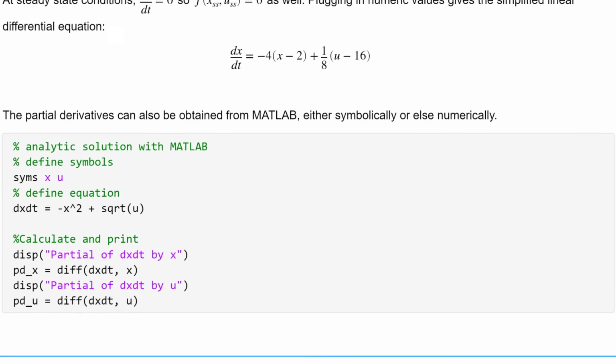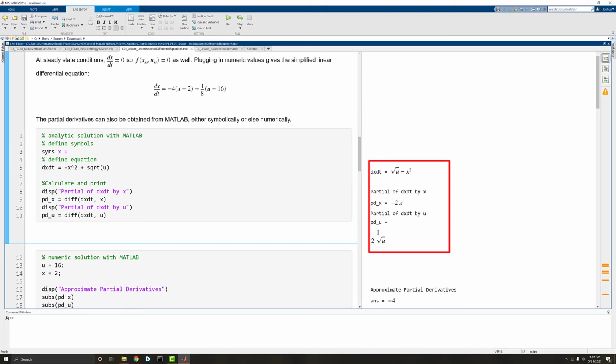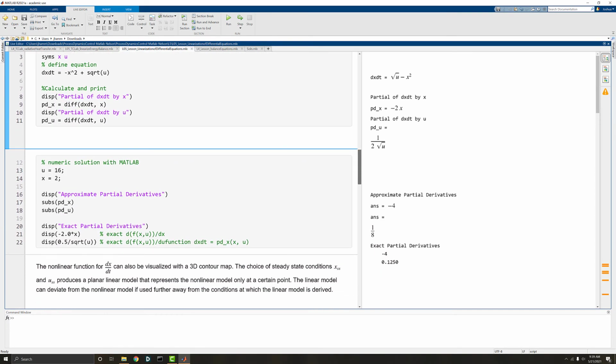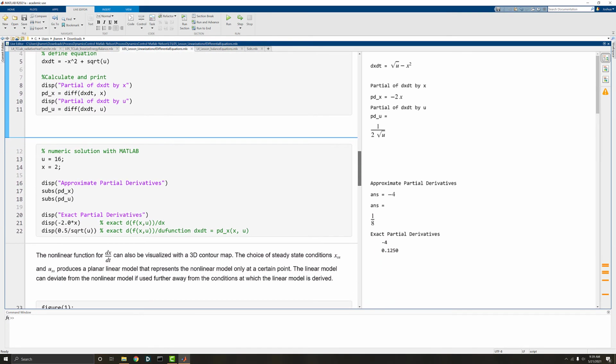And as we print that, the partial derivative of dx dt by x is equal to negative 2x, and the partial derivative by u is equal to 1/2 with a radical u on the bottom. Then if we plug in our steady state values of u equals 16 and x equals 2, and substitute those in with the subs function, we're able to find our answers of -4 and 1/8 for the partial derivatives.